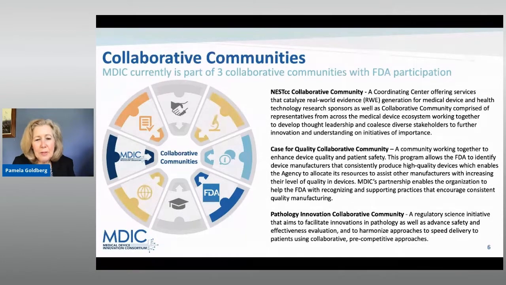These collaborative communities bring together partners from the academic medical centers, from the patient advocacy groups, and industry, government, and our own organization. So really excited to enhance the dialogue by bringing together a diverse array of stakeholders to problem solve together. Next slide.